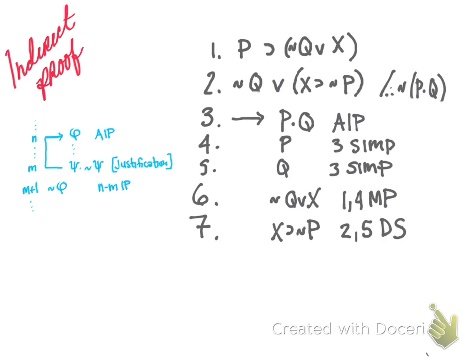Okay, now what? Feels like I'm just going nowhere here, right? But I have new stuff to work with. So what can I do with these new things? Notice that they have P and Q in them, and I still have these P's and Q's to work with, and I can use lines more than once. So P here is the negation of a consequent, so I can infer the negation of this antecedent. That's a thing I can do.